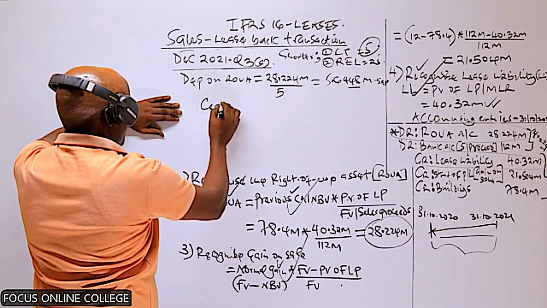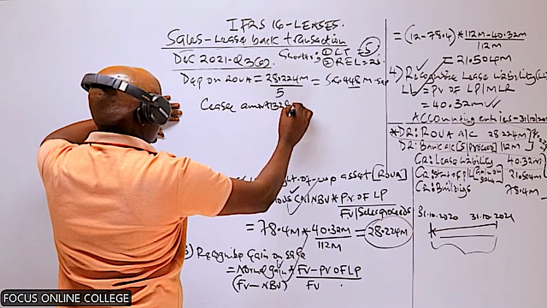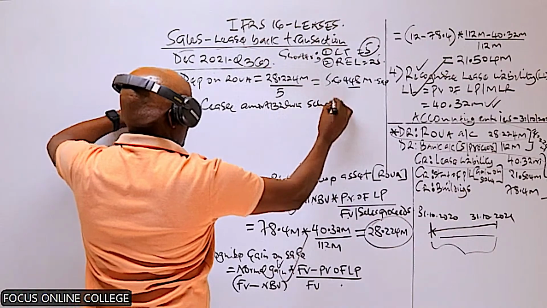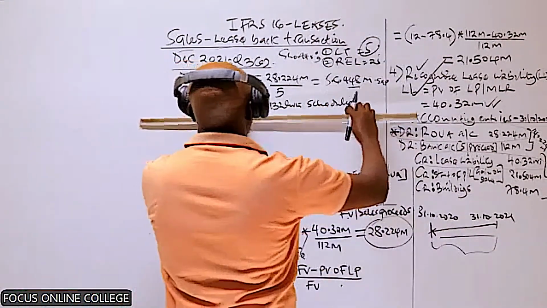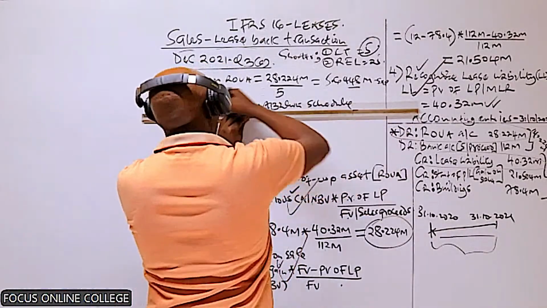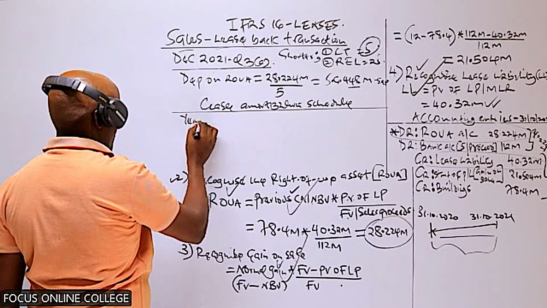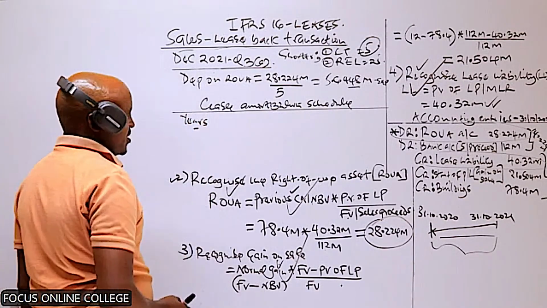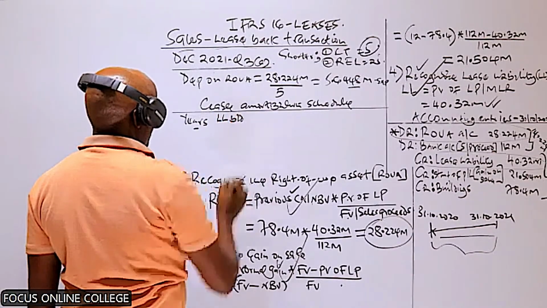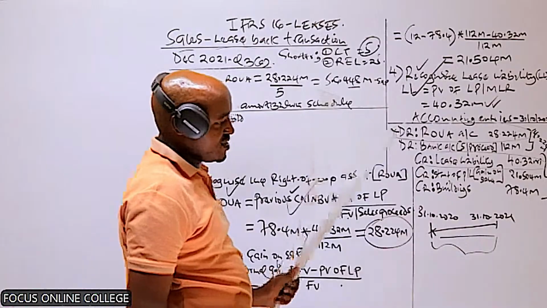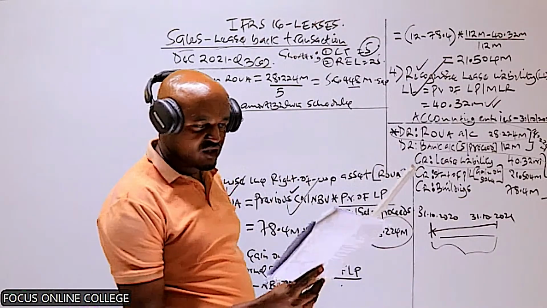And basically, we amortize that by preparing the lease amortization schedule. In this case, we have a column for years, then the other column will be for the lease liability at the start. Take into account our minimum lease rentals are payable in arrears. I hope you can remember that information.